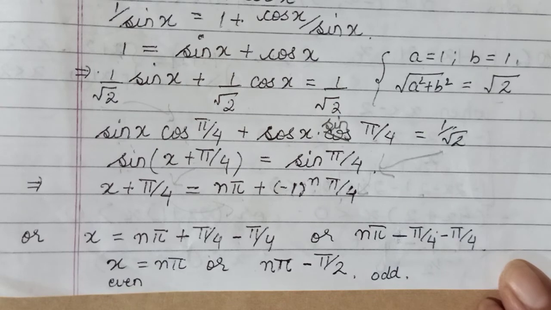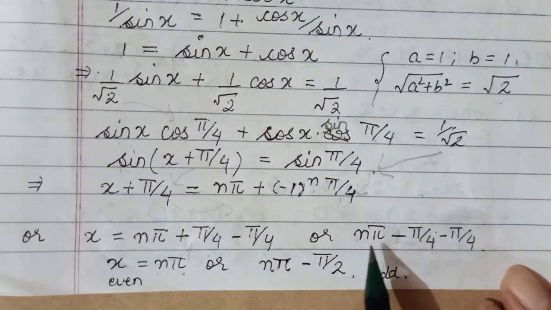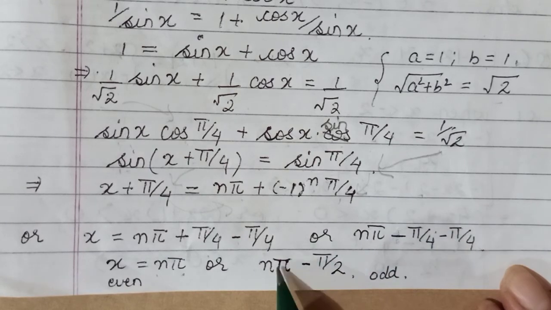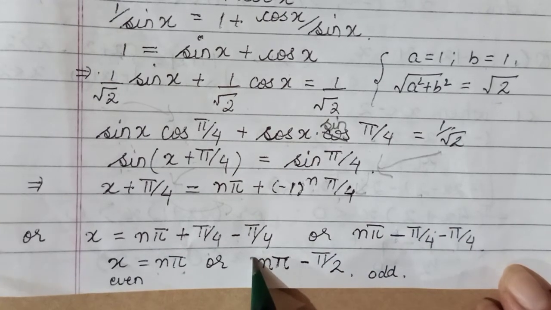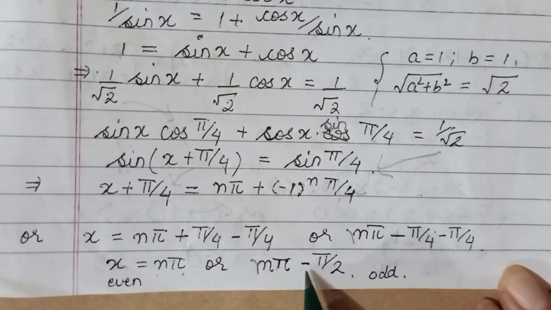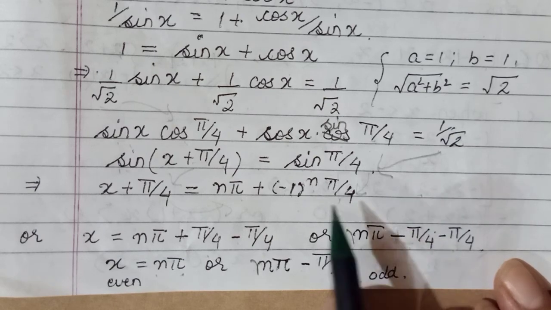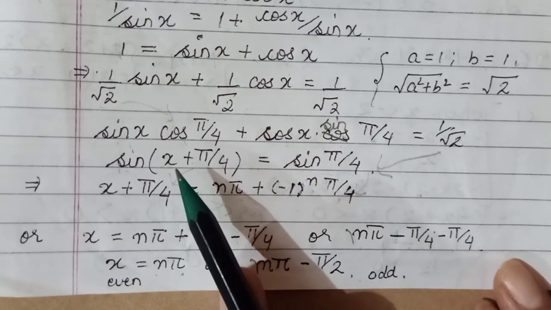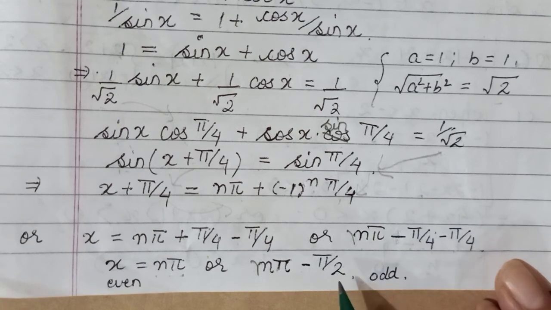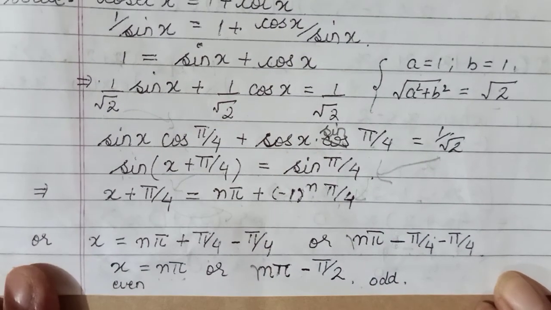Okay, so further you can solve it for x. So x is either coming as n pi, or as this will add up to give you n pi plus, or you can change the variable here to show a different result, m pi plus pi by, or minus pi by 2 rather. Okay, now if you do this with cos, your final answers will be slightly different obviously, but both are acceptable. Okay, so I hope it is clear.